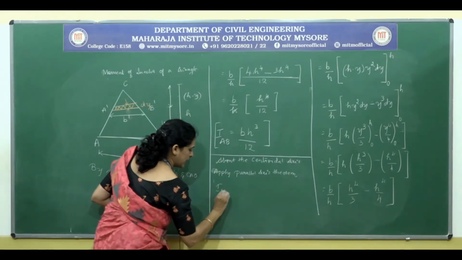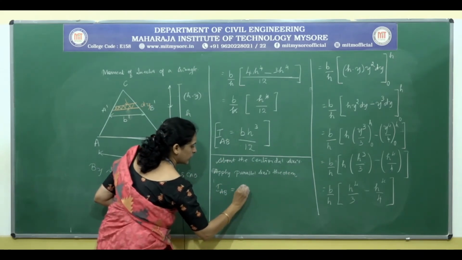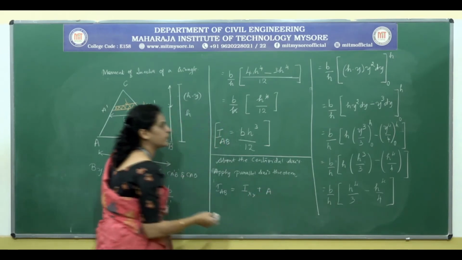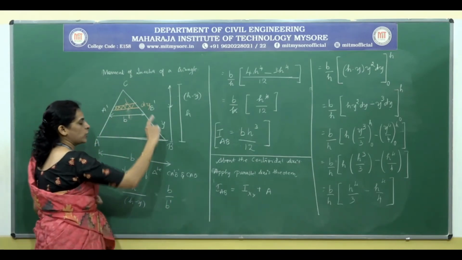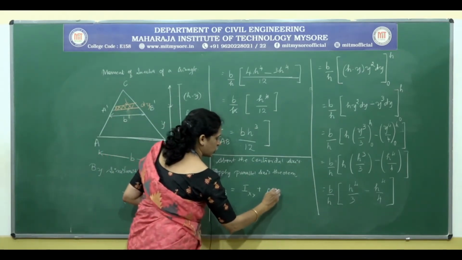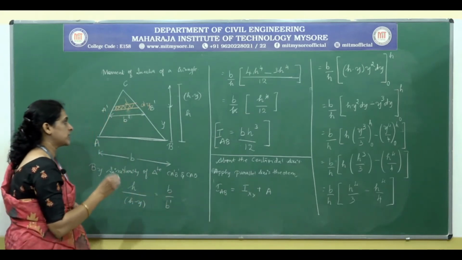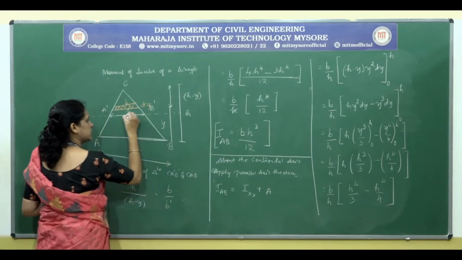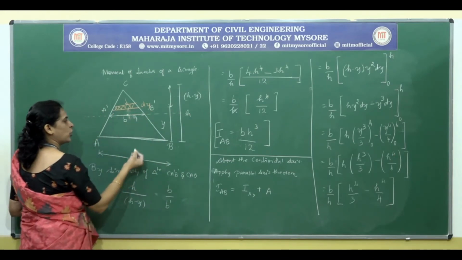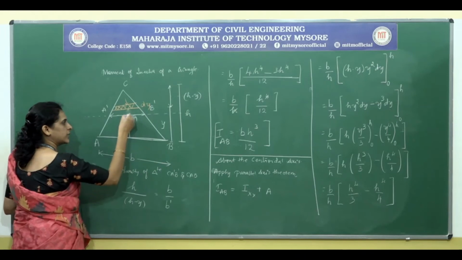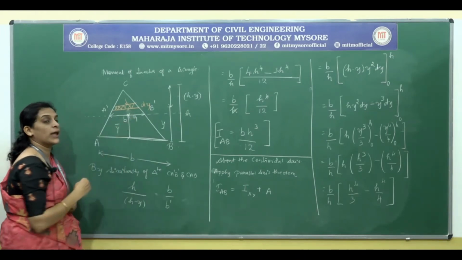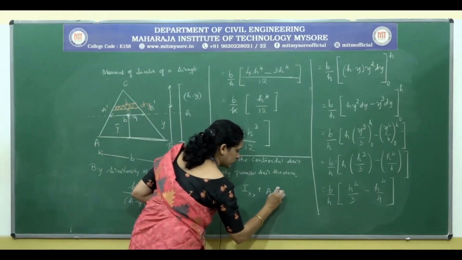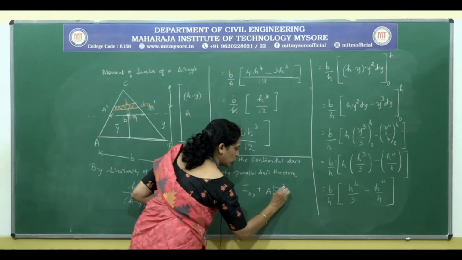Then IAB is equal to IXX plus A into square of the distance. So, what is the square of the distance that we have to consider? If we are considering a centroidal axis, so we will consider this as the centroid. So, here is the centroidal distance that we have represented as y bar. So, square of the distance between two axes.